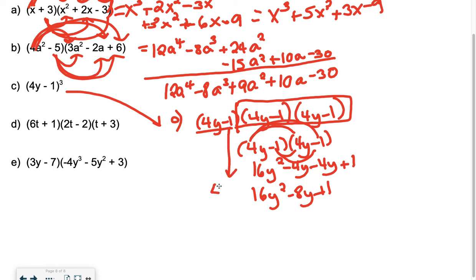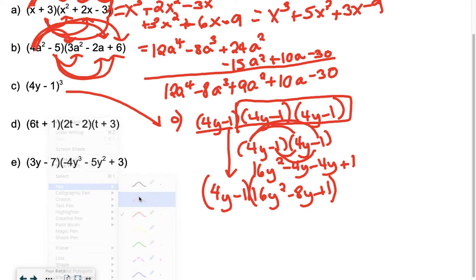Now I'm going to bring this binomial down, and distribute it into that trinomial that I just came up with. Let me get another color to differentiate between the two. Again, it doesn't really matter which two you choose to multiply together, but it's not a bad idea to multiply two of them first and then distribute the other one after the fact.